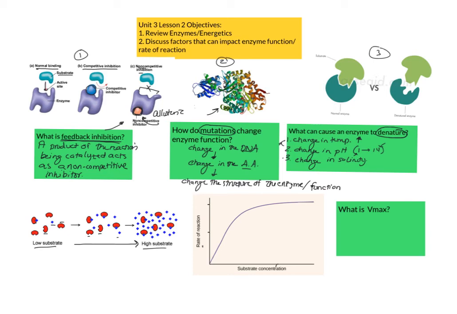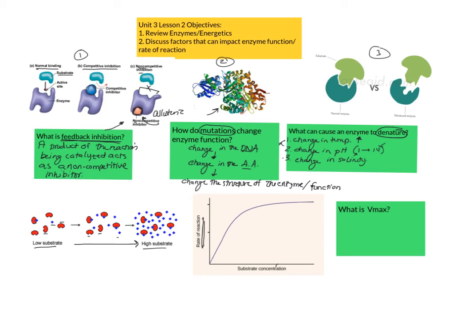Now, this only occurs to an extent, and to help explain that, let's take a look at this graph here. We can actually measure the rate of an enzyme-catalyzed reaction in two ways. The first way is how quickly the substrate, or the reactants, are being used up.